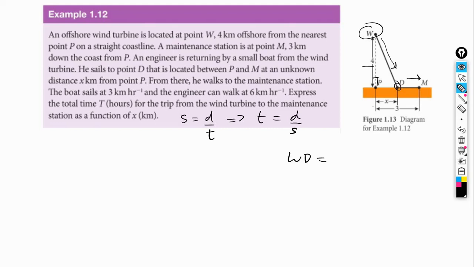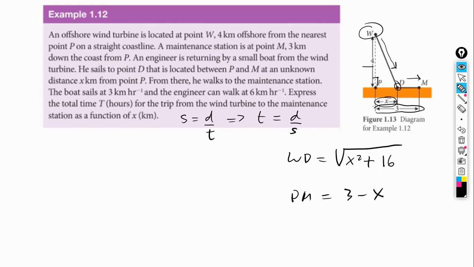So WD would be equal to the square root of x squared plus 4 squared, or 16. And then DM can also be expressed in terms of x, because if we know that the total distance here is 3 and that this is x, then DM must necessarily be 3 minus x.